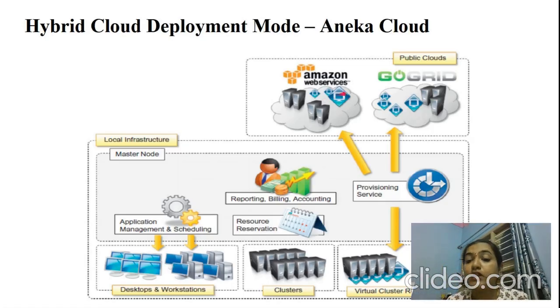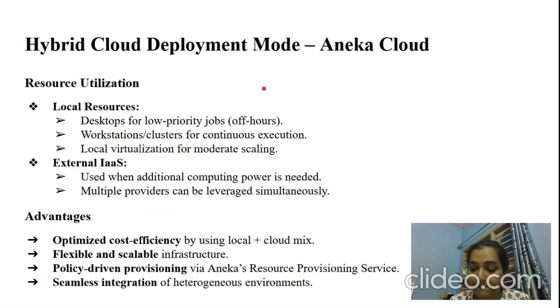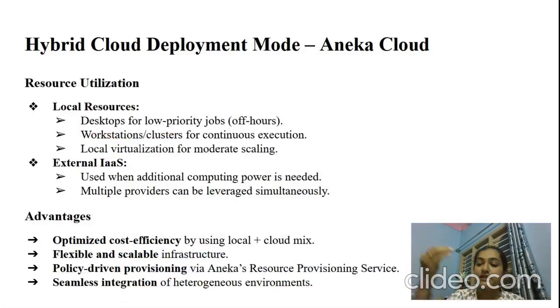Hybrid cloud deployment mode in Aneka is all about resource utilization. As in the previous chapters we discussed, the hybrid cloud is always a combination of a private and a public cloud. Resource utilization is basically of two types: local resources and external infrastructure as a service.